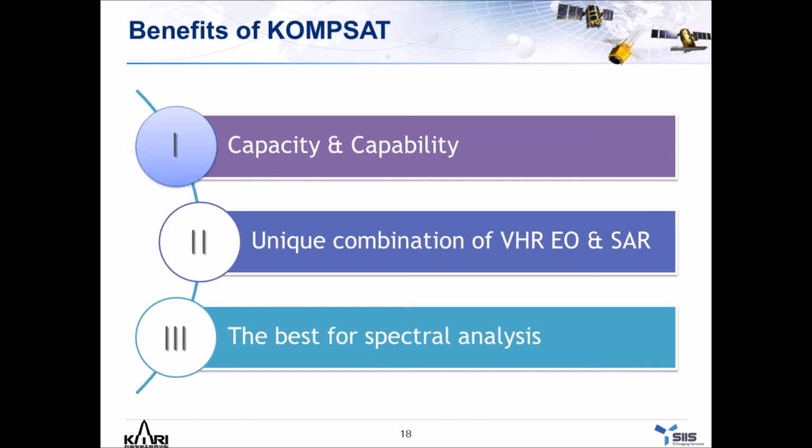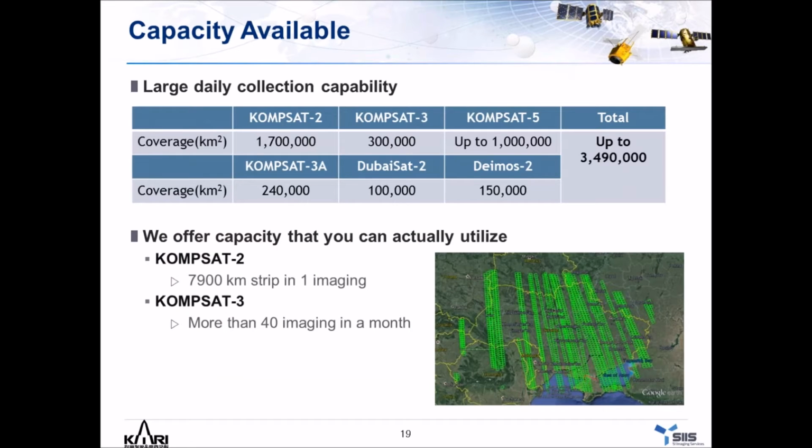And by using Kompsat-3 and Kompsat-3A, you can derive very good results for spectral analysis. We now have Kompsat-2, 3, 5, and 3A, and also Dubai-2 and Deimos-2 are available. So by using these 6 satellites, we can acquire more than 3 million square kilometers per day.